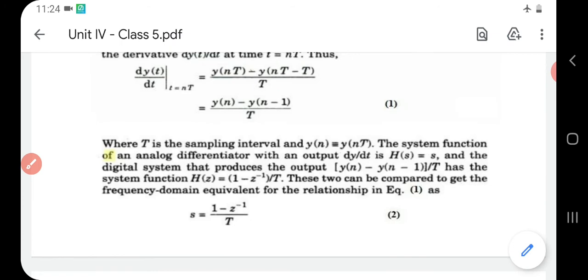Okay. Now T is the sampling interval and y of n is equivalent to y of nT.